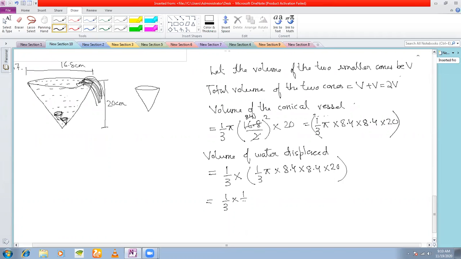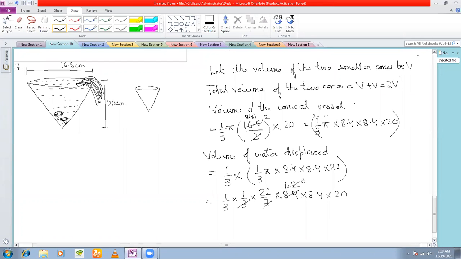So one third into one third, put the value of pi as 22 by 7. Now you can cancel here, and this also you can cancel with 3.